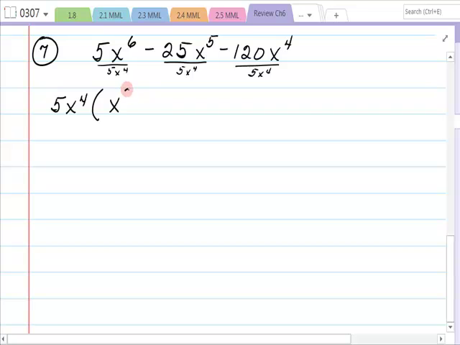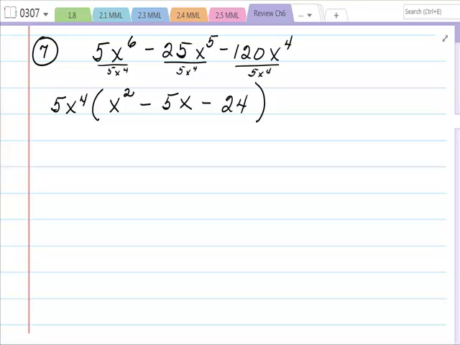So I have x to the 2nd minus 5 goes into 25 5 times. X to the 5th over x to the 4th is x to the implied first minus 5 goes into 120, how many times? 24 times, and the x to the 4ths divide out. So there we go. Is everybody good with the greatest common factor? That made the problem look a lot different when I took that out.